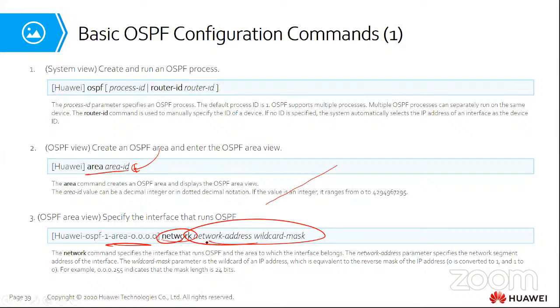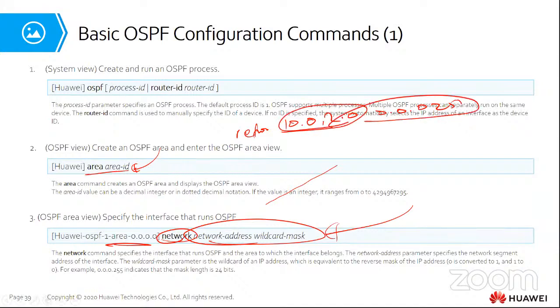Yes, I know many people have told you that you advertise networks into OSPF. I'm saying you enable OSPF at interfaces. When you run the command network 10.0.12.0 0.0.0.255, what you're doing is enabling OSPF on interfaces that are in that area. This command is enabling OSPF.